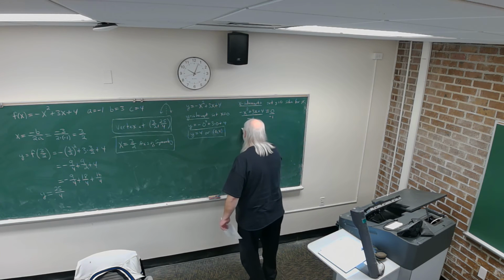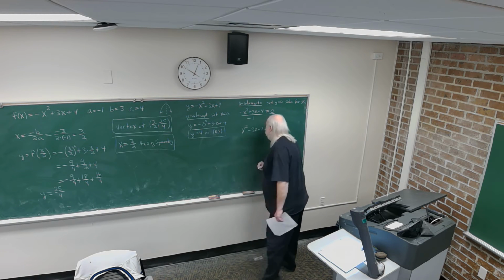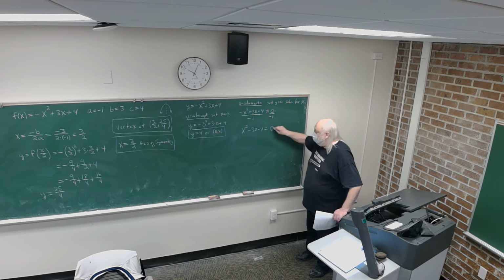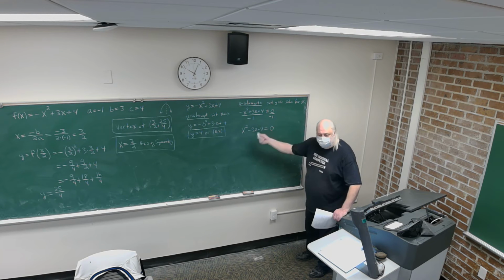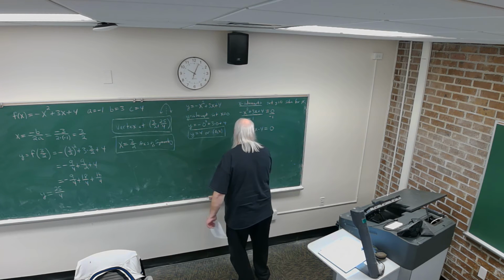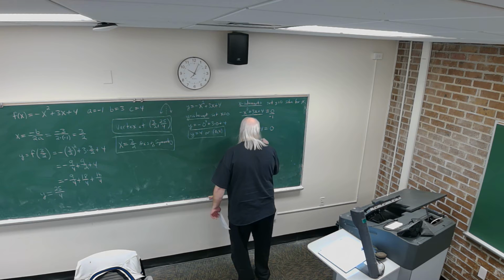So minus x squared becomes plus x squared, plus 3x becomes minus 3x, plus 4 becomes minus 4, and 0 divided by -1 is still 0. And now this I can factor. This factors into x minus 4 times x plus 1.